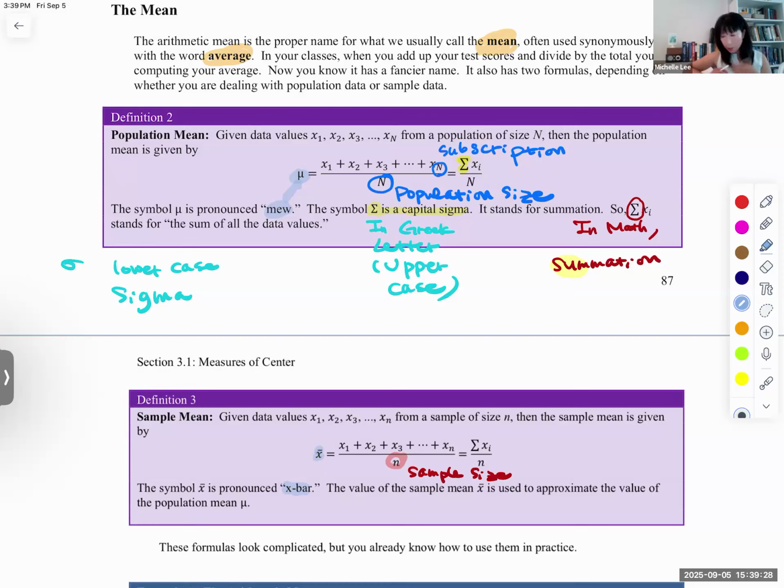Sample mean is used to approximate the value of the population mean. If we have a company small enough, we can get the population mean.